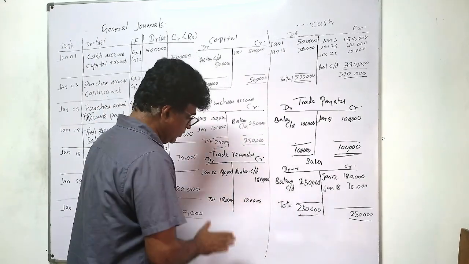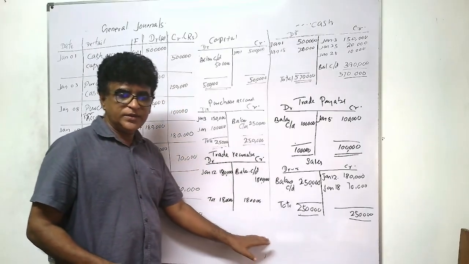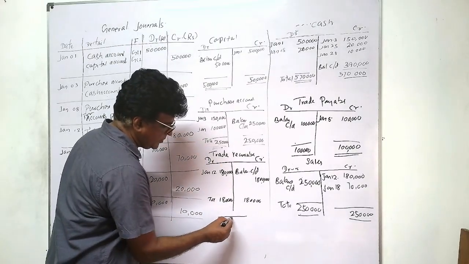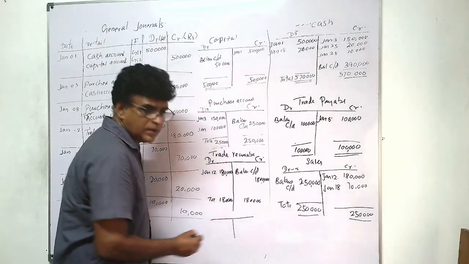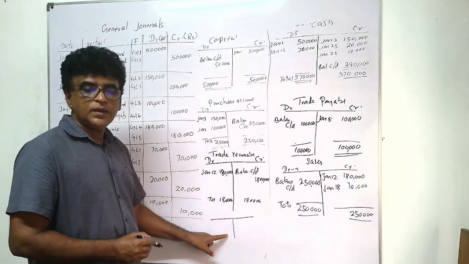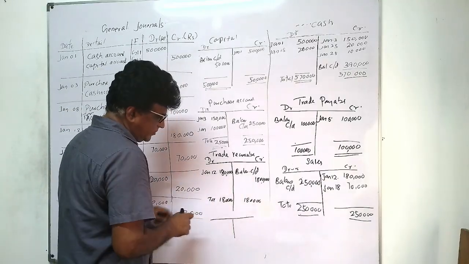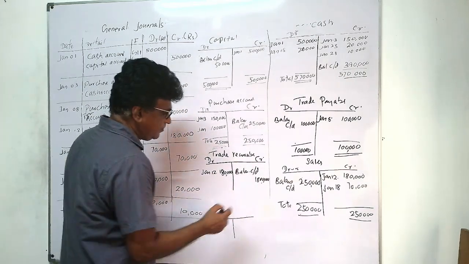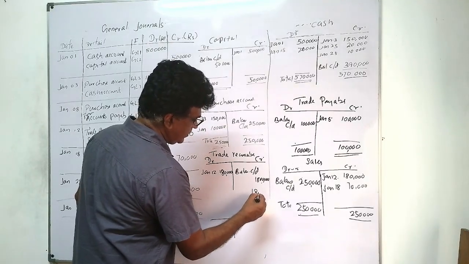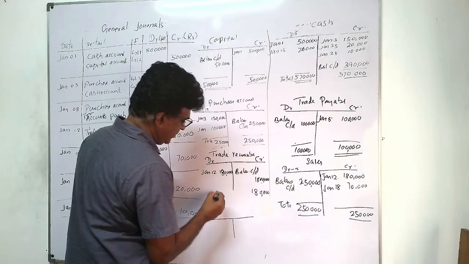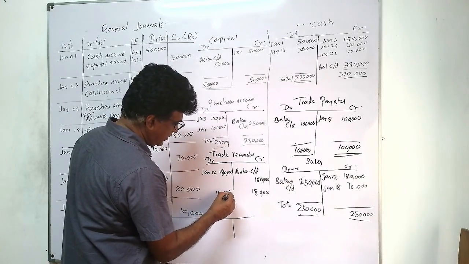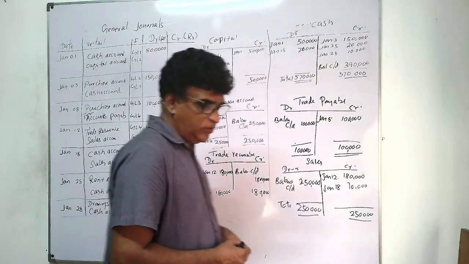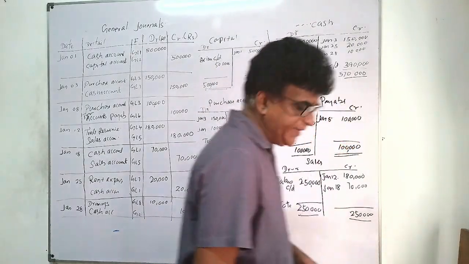We have another two accounts, the drawings account and rent expense, right?